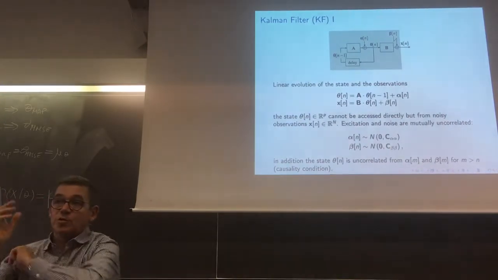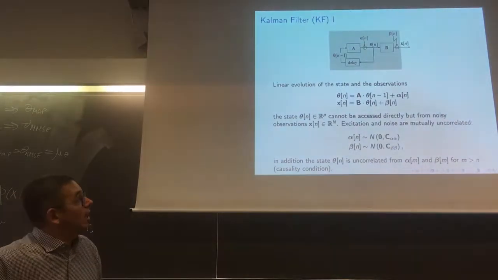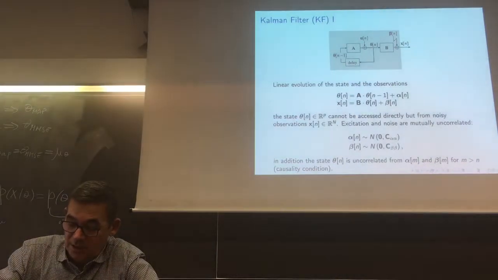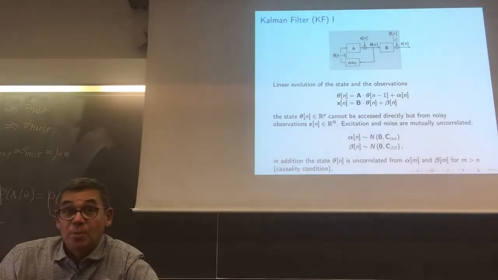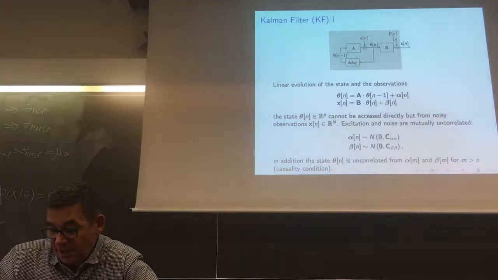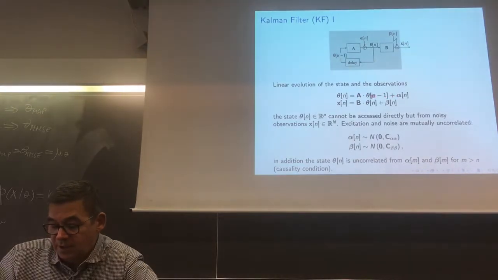Now let's move into the Kalman filter. The Gaussian context is when I have a special but very common setting with the two equations that I was describing. The equation which describes the evolution of the state is linear.